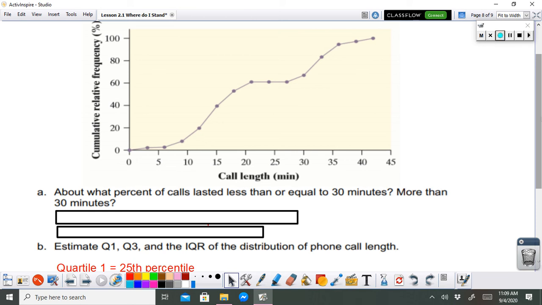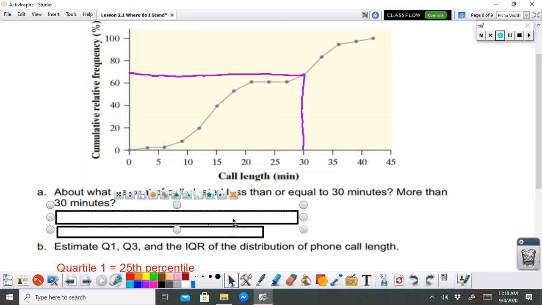So let's start with less than or equal to 30 minutes first. This is 30 minutes right here. And if you go all the way up, draw a line, and what do you think that is? Okay, let's see.